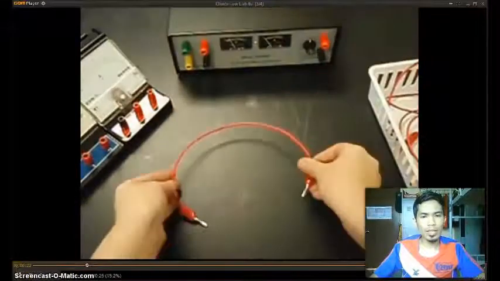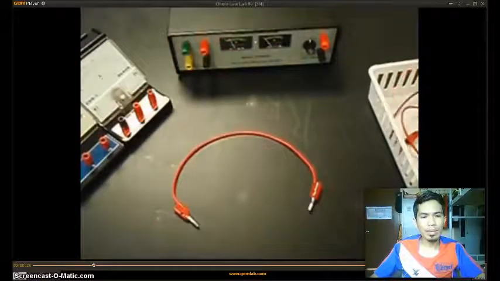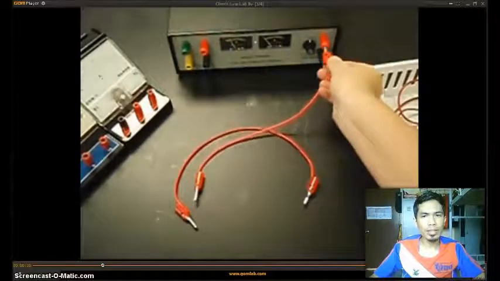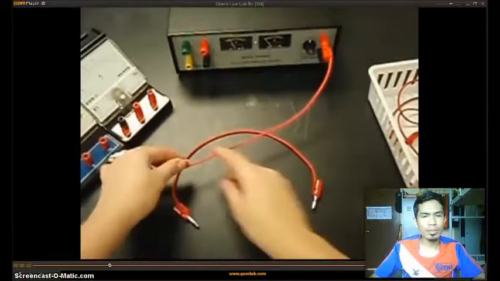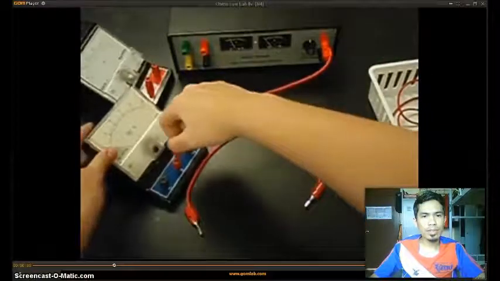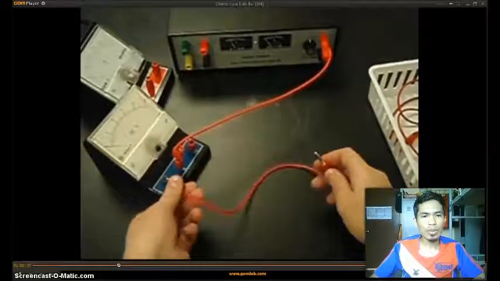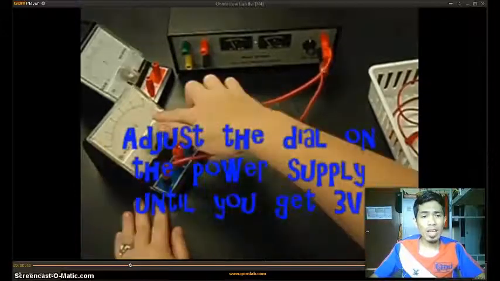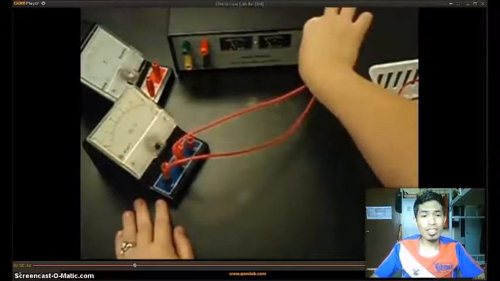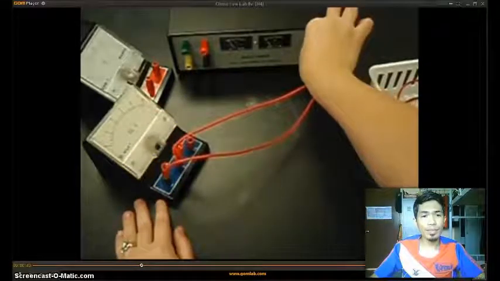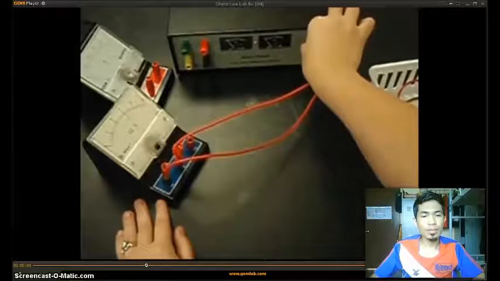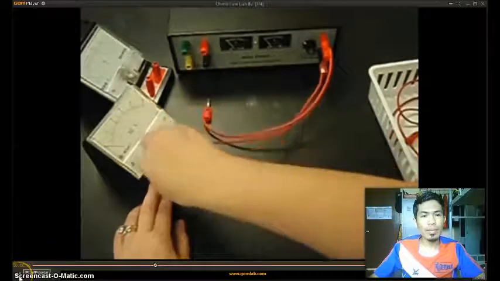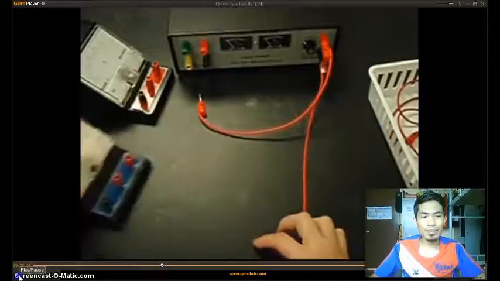Okay, what has happened is they connect the wire from the generator to the voltmeter to measure the value of voltage. Okay, I will show you again next time.